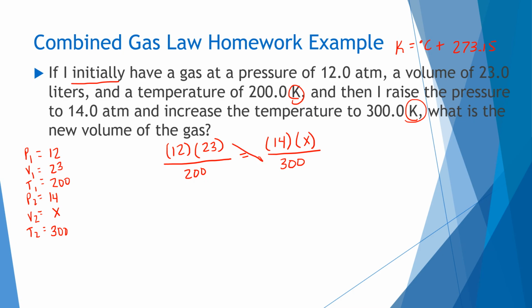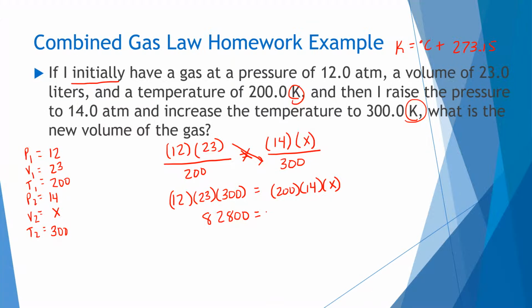So here, if I cross multiply, I end up getting 12 times 23 times 300 equals 200 times 14 times X.